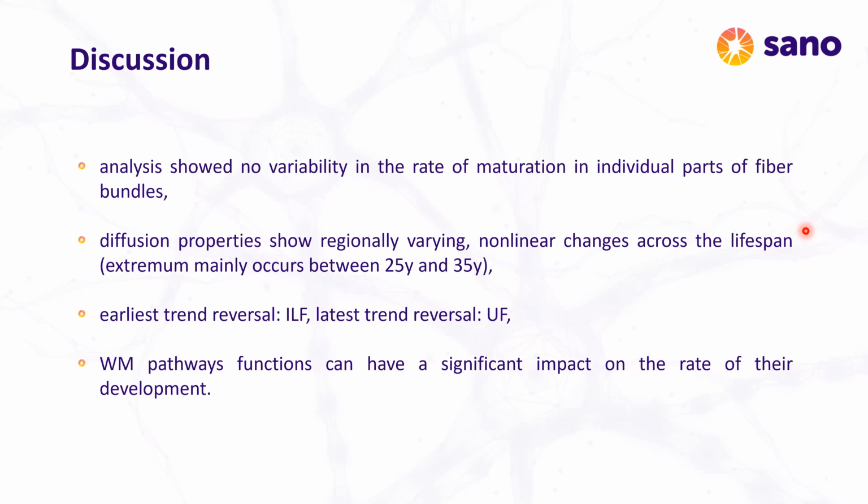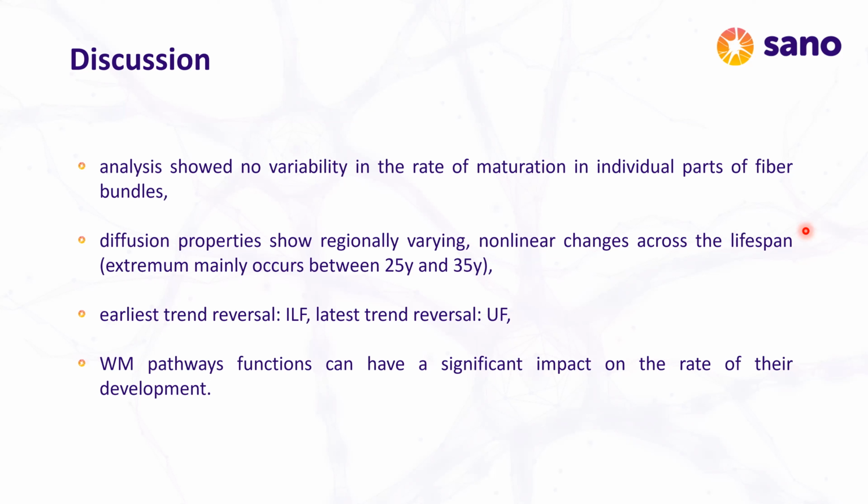And this microstructure varies between the different areas of the brain. And quantitative analysis additionally proved that the trajectory of median value changes is the same in subsequent age groups, and only the range of values changes. So the study showed no variability in the rate of maturation in individual parts of fiber bundles.